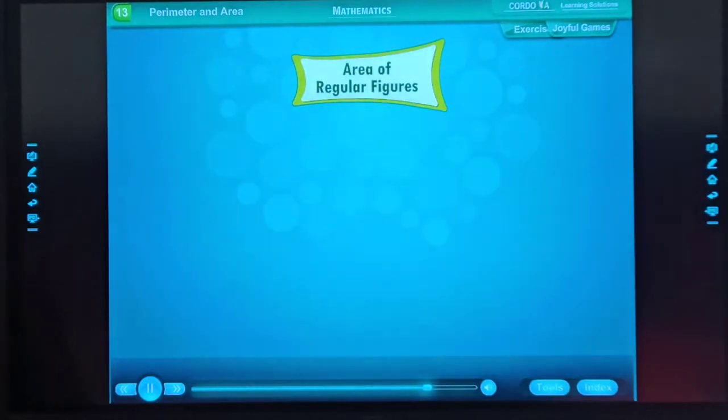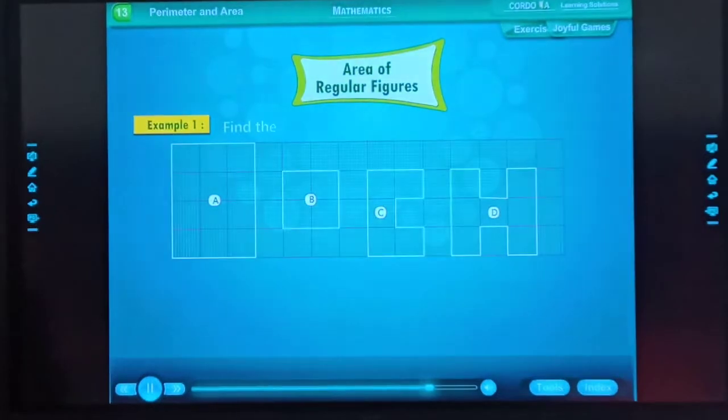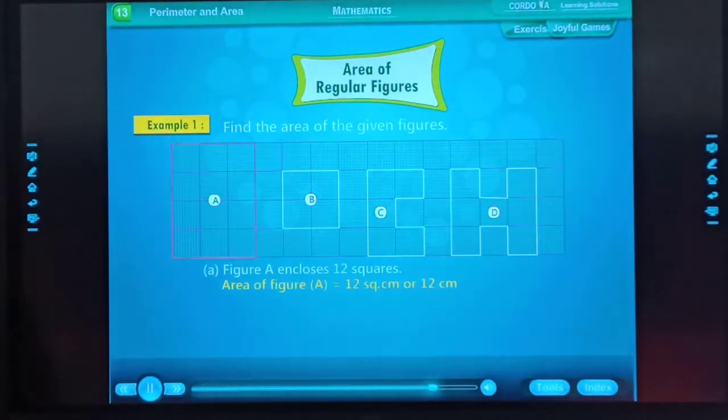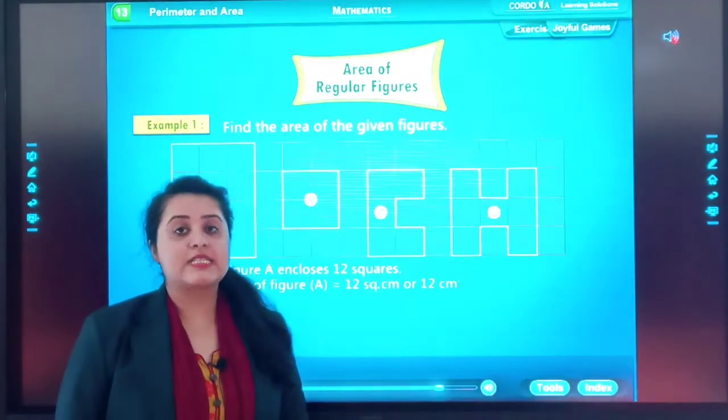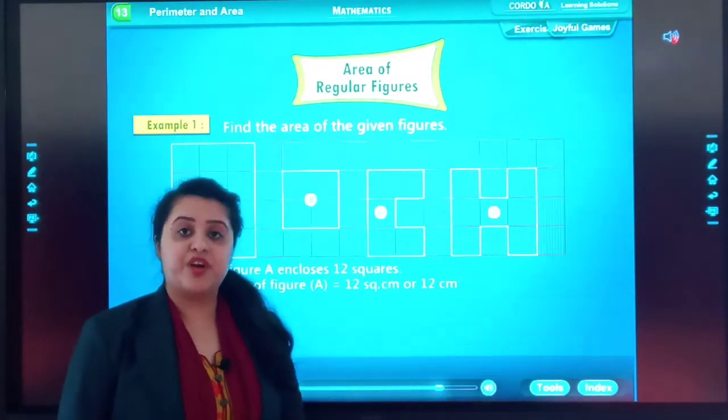Area of regular figures. Example 1. Find the area of the given figures. A. Figure A encloses 12 squares. Area of figure A is equal to 12 square centimeters. So students, now we will be discussing the area of regular figures.